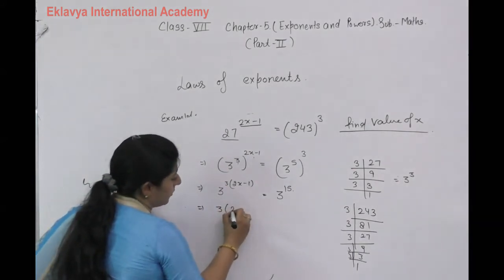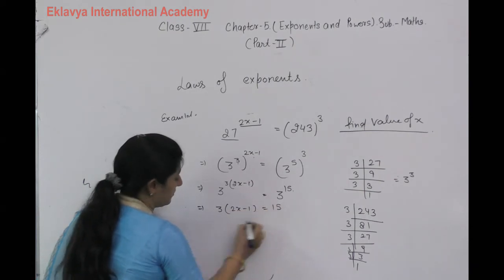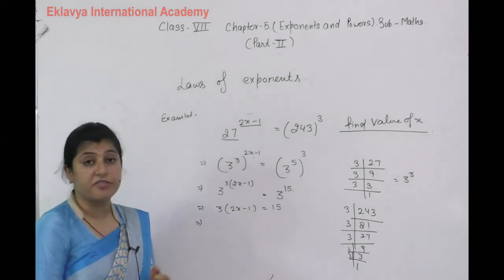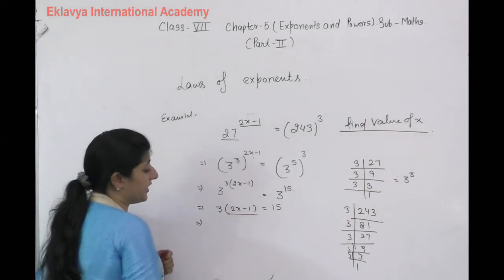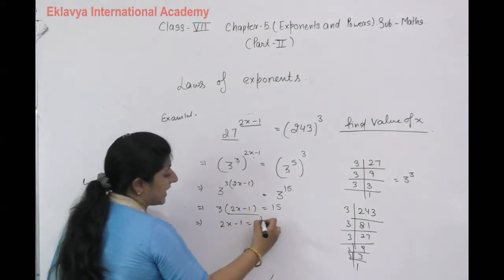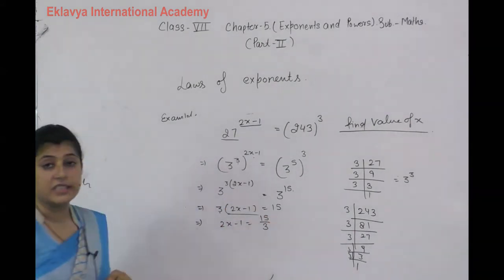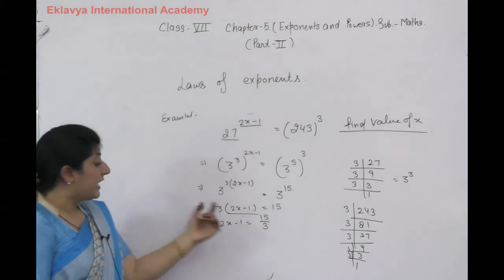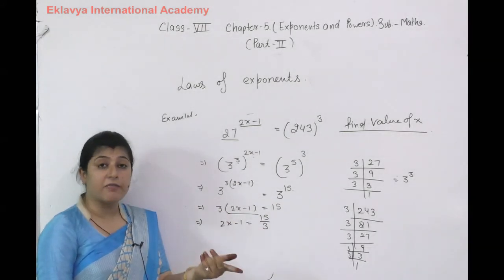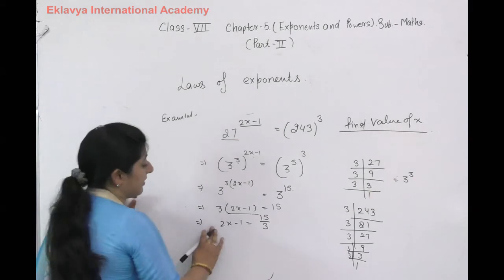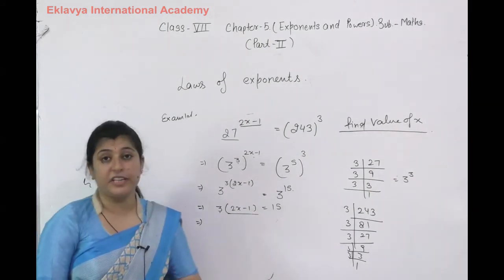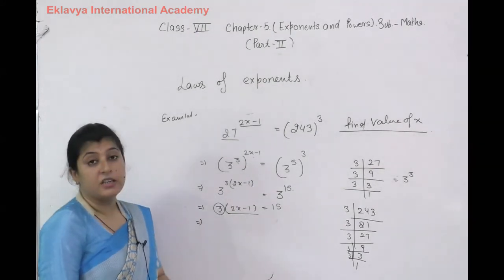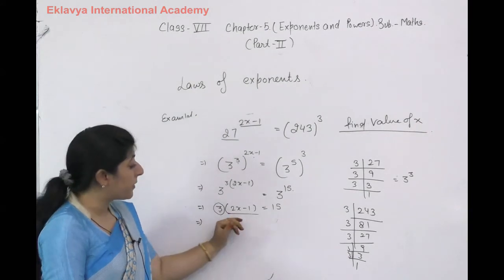Do 3 into 2x minus 1 is equal to 15. If you know the rules of solving an algebraic equation, 3 is in multiplication, so when you change the side it comes in division on this side. Or if you want to remove 3, we have to divide by 3. Whichever operation we perform, we perform on both sides.